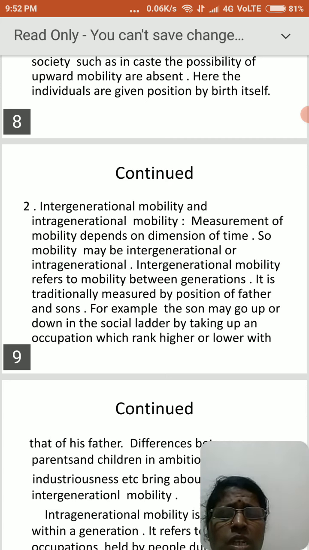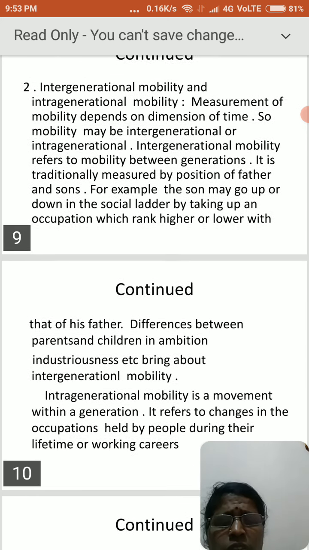It is traditionally measured by the position of fathers and sons. For example, the son may go up or down in the social ladder by taking up an occupation which ranks higher or lower than that of his father.